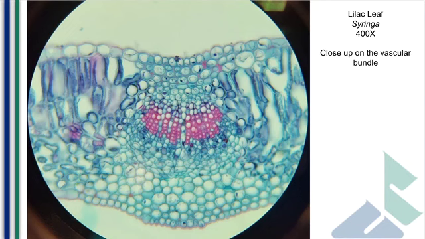Here is a close-up on the vascular bundle at 400x, where you can see in greater detail the structures of the vessel cell walls, as well as the distinction in some of the phloem tissue.